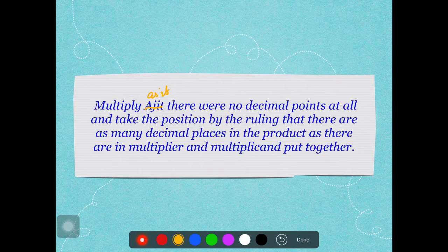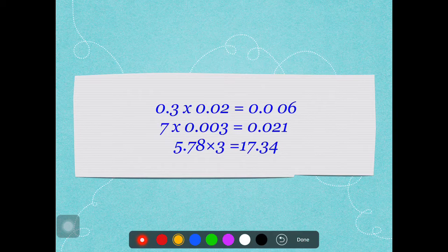That means when we want to multiply a decimal by another decimal, we have to multiply like whole numbers, and then we shall count the number of decimal places and add them, and we can put the decimal places accordingly. Let us see one example.